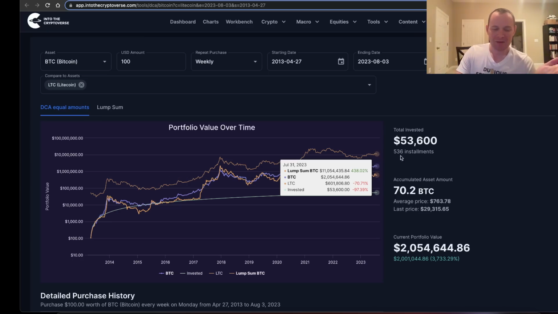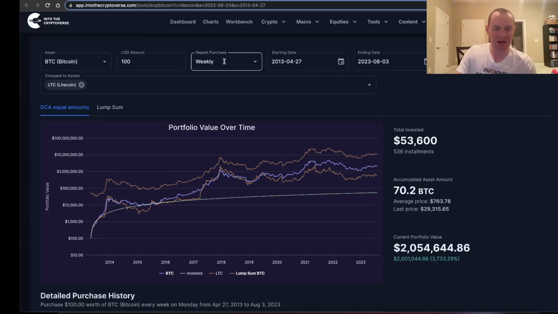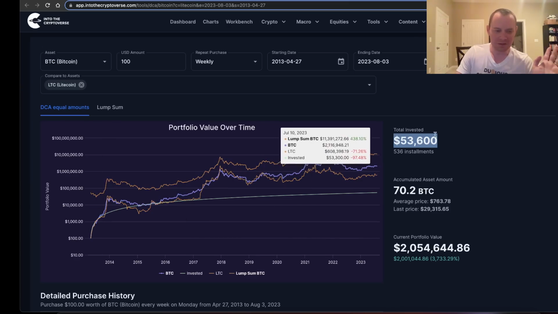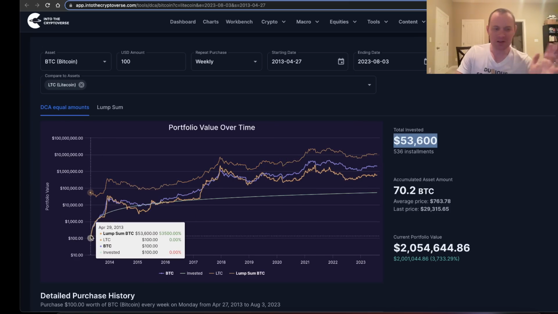Why is that? Well, if you're talking about $100 a week since 2013, that's $53,600 over 536 installments, right? Clearly, it would have been better to just YOLO in that case to lump sum 53K back when Bitcoin was only trading for hundreds of dollars.